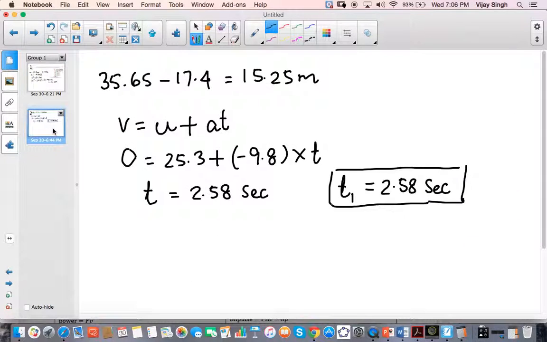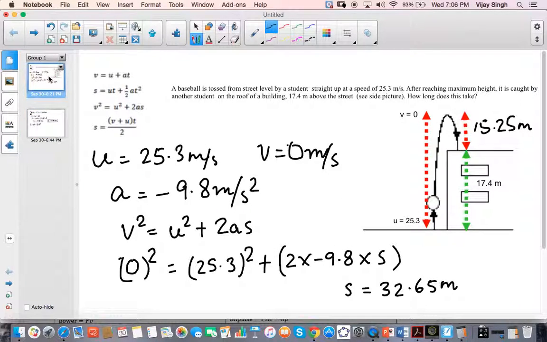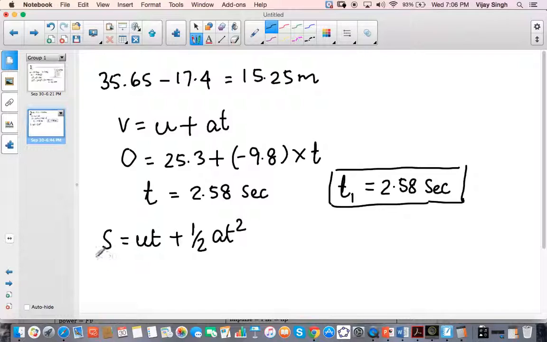So the formula we can use now is s equals ut plus half at squared.